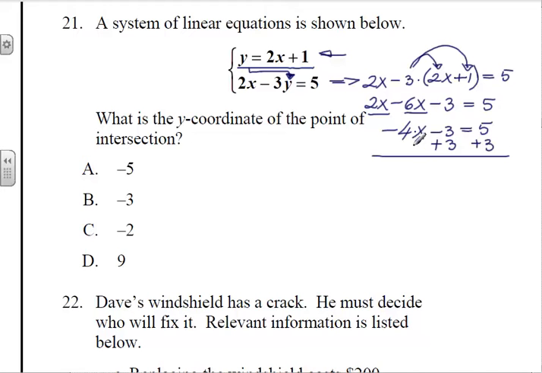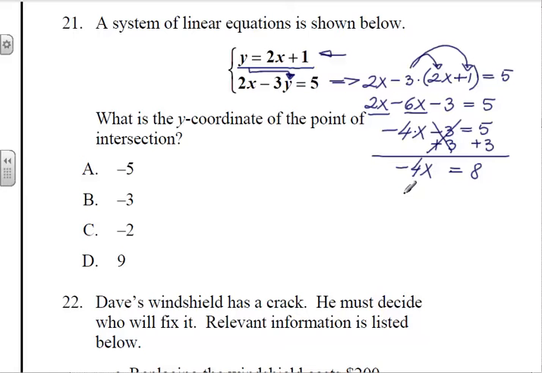Negative 4x plus nothing is negative 4x. Minus 3 plus 3 cancels out. Bring down the equal sign: 5 plus 3 is 8.